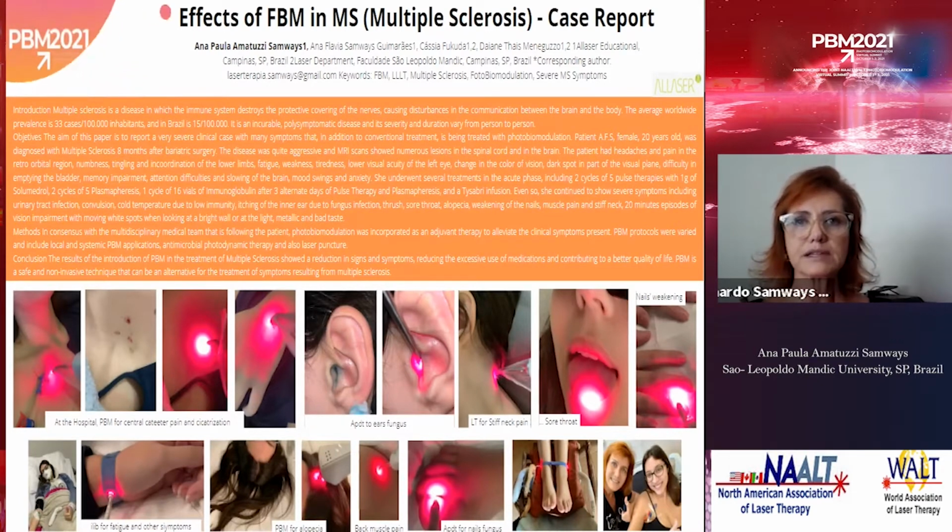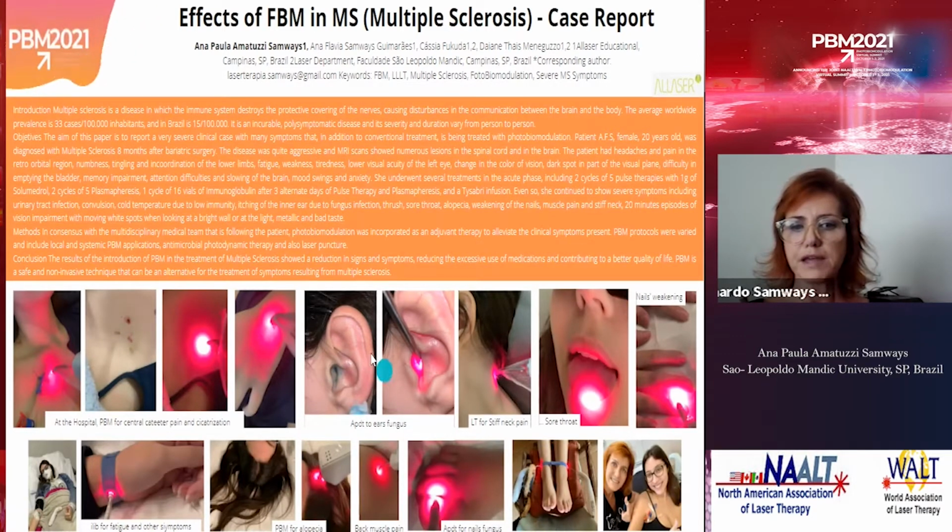Besides these, treatments shown on the posters. Here, we are at the hospital, and we do a lot of photobiomodulation for central catheter pain, and also for cicatrization when the catheter was taken out.